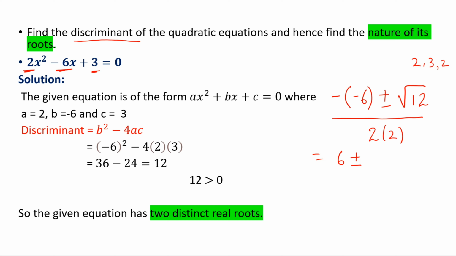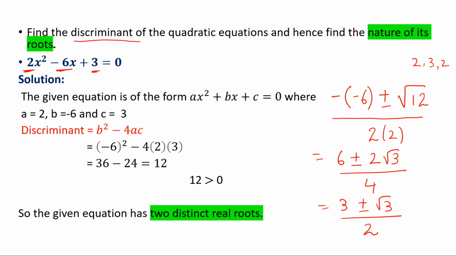So this can be written as 2 root 3 over 4. Now just cancel out the common factor, which is 2. So this will become 3 plus or minus root 3 over 2. So this is going to have two solutions, 3 plus root 3 by 2 and 3 minus root 3 by 2. So two distinct real roots.